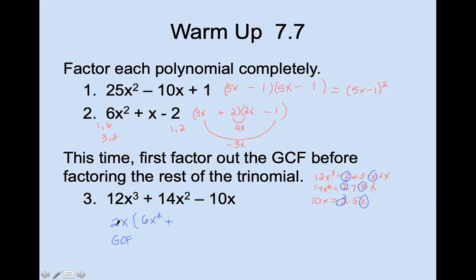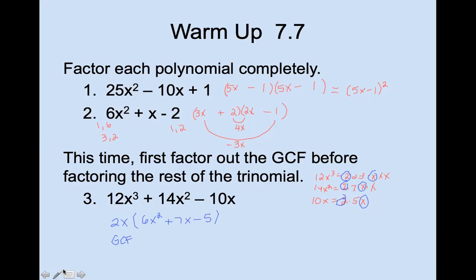I'm trying to figure out 2x times what will get me back to 14x squared. Again, you can see what's left over here is 7x. And my last term, 2x times what will get me to 10x? Well, my leftovers here are 5. Notice it says, first factor out the GCF before factoring the rest of the trinomial.